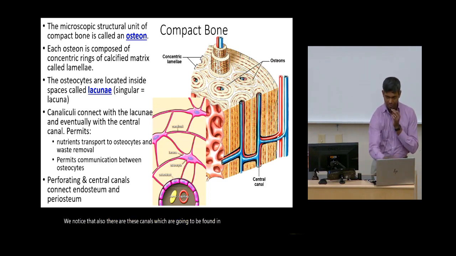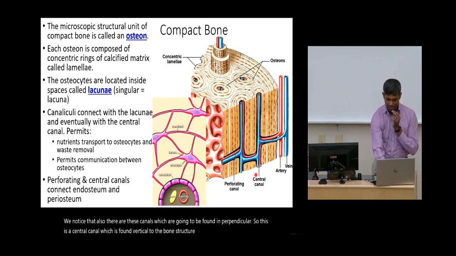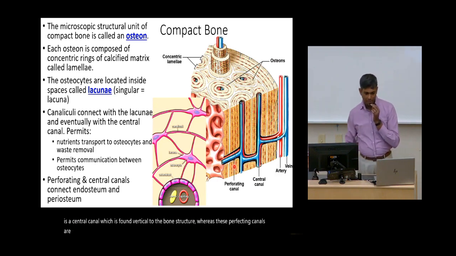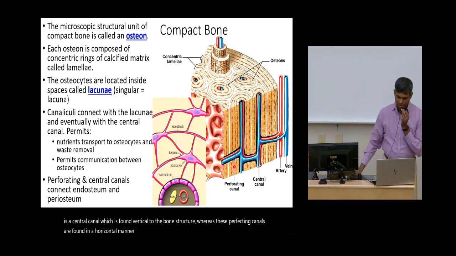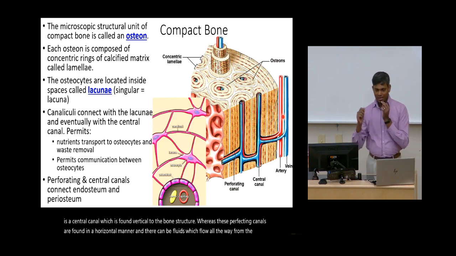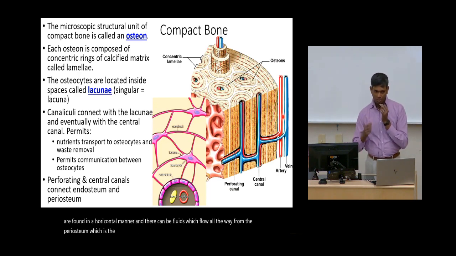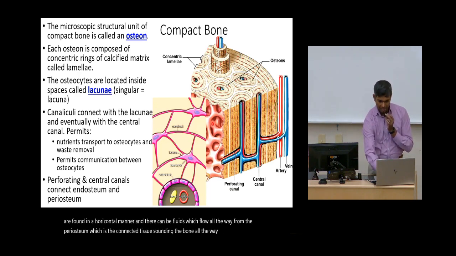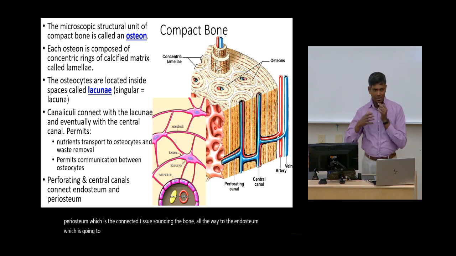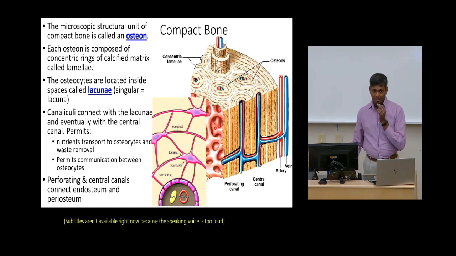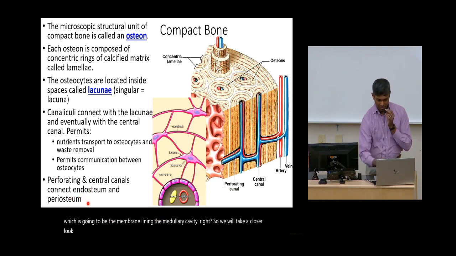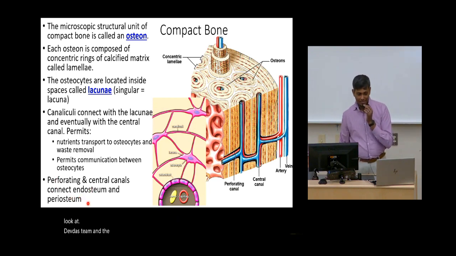So this is a central canal which is found vertical to the bone structure, whereas these perforating canals are found in a horizontal manner. And there can be fluids which flow all the way from the periosteum, which is the connective tissue surrounding the bone, all the way to the endosteum, which is going to be the membrane lining the medullary cavity, right? So we'll take a closer look at the endosteum and the periosteum in the upcoming slides.